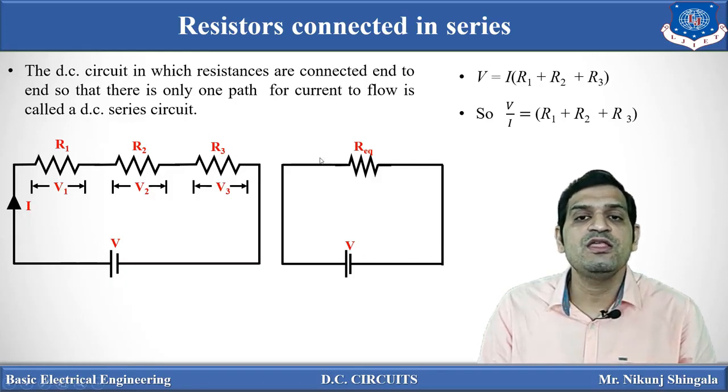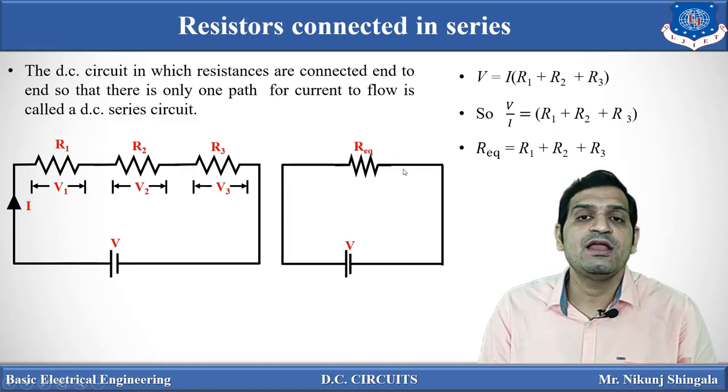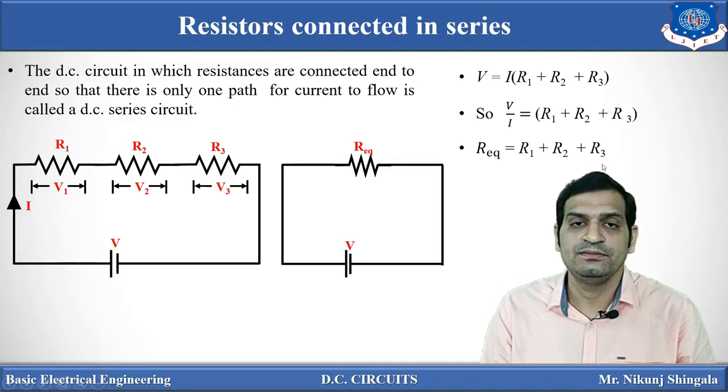Now here you can see this is the equivalent circuit of the given series circuit. Here all these three resistances are replaced by an equivalent resistance, that is R equivalent. So for this circuit, the ratio of V divided by I can be written as R equivalent. So we can write R equivalent is equal to R1 plus R2 plus R3.